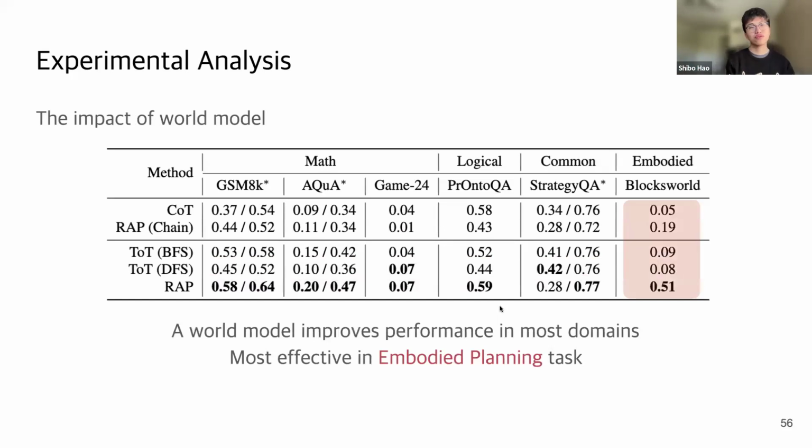And we also want to see the effect of the world model. So generally, RAP improves the performance on all the data sets, but the improvement is most significant in this Blocksworld task.